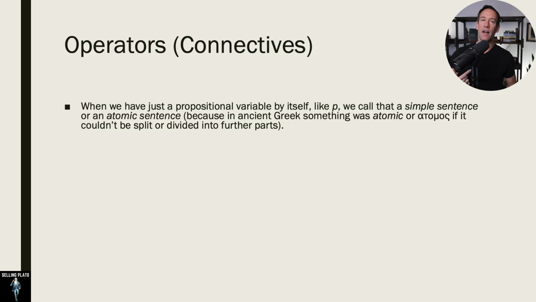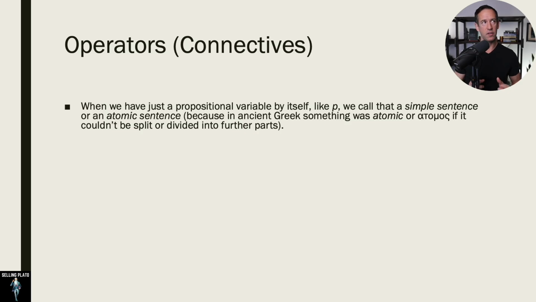When we have just a propositional variable by itself, like P, what we call that is a simple sentence, or what I'll refer to as an atomic sentence. Why do we call it an atomic sentence? It's not because it explodes or something like that. It's because in ancient Greek, something was atomic, or atomos, if it couldn't be split or divided into further parts.